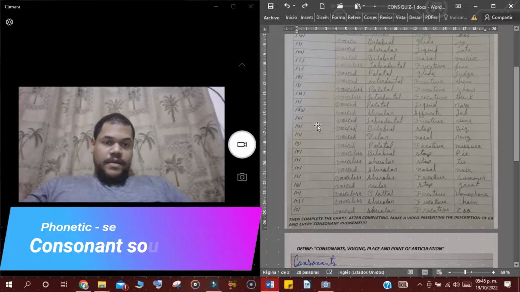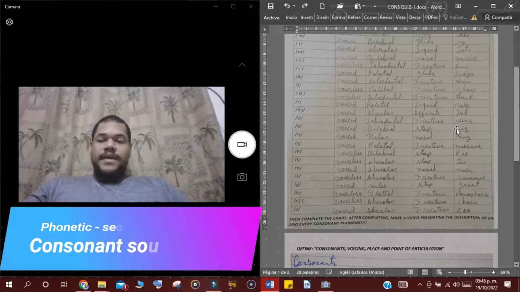Also, we have here the letter B, that is voiced and bilabial. And it's a stop because the airstream is held for a while and then released in a plosive manner. Big, you see?